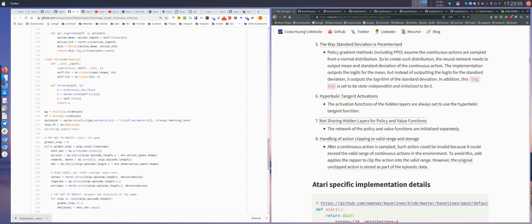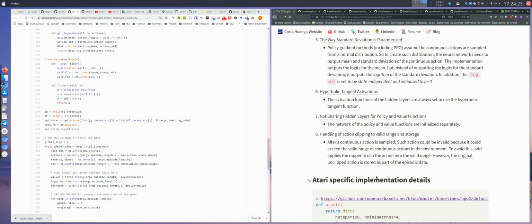In particular, when you use a hyperbolic tangent activation, it usually squashes the actions into the valid range, so technically this should not happen. But if your environment is different, let's say have a range between negative 0.5 to 0.5, then even though your action will be clipped, the original unclipped action will be stored as part of the episodic data.